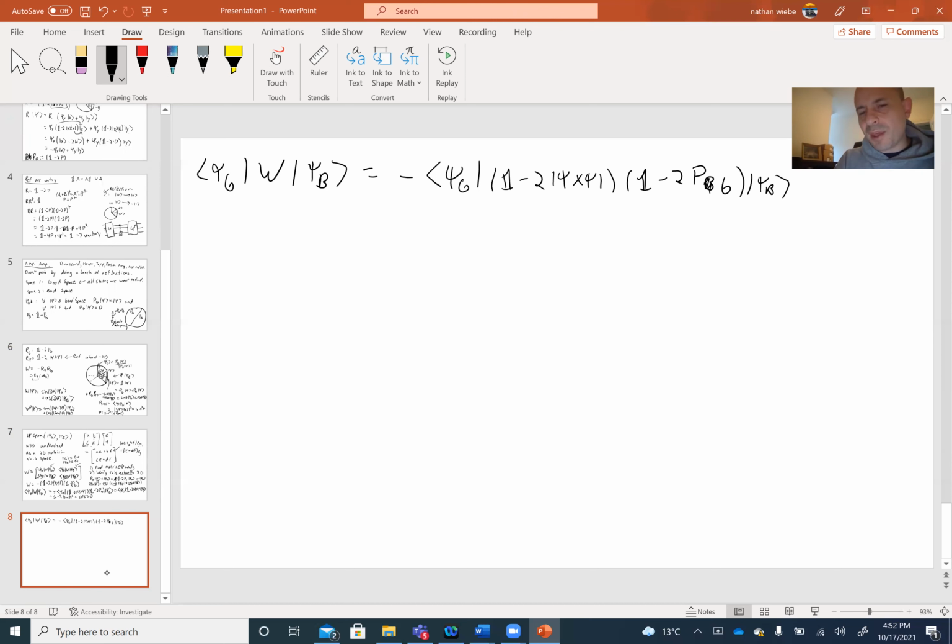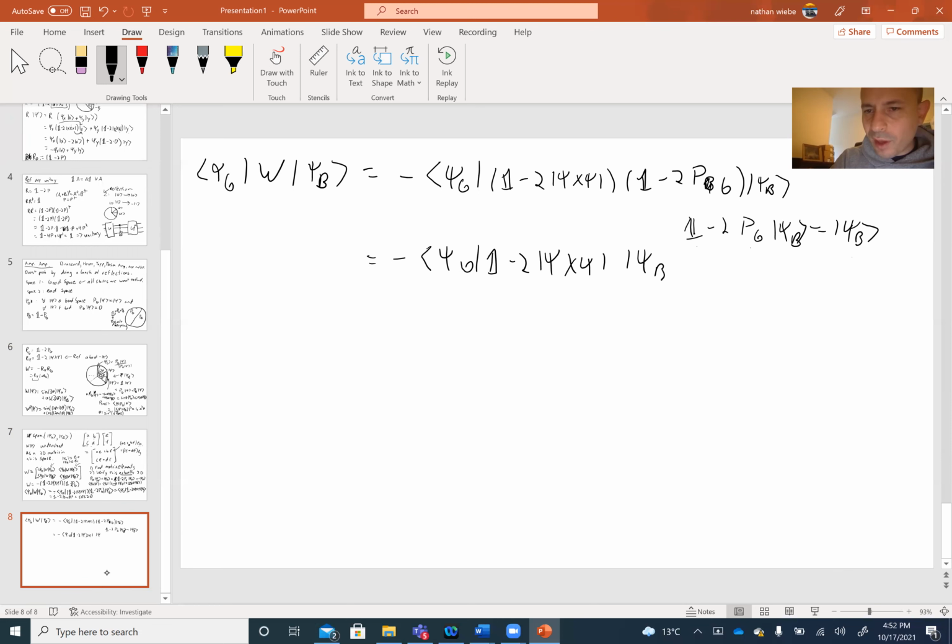Note that because we're on the bad space, the reflection I minus 2Pg acting on psi b is just equal to psi b, because it is orthogonal to the axis that we're reflecting around, or because the projection onto it is 0, therefore the identity term is the only one remaining. So this is just minus psi g, identity minus twice the projection onto psi, all multiplied through by psi b. And there you have it.